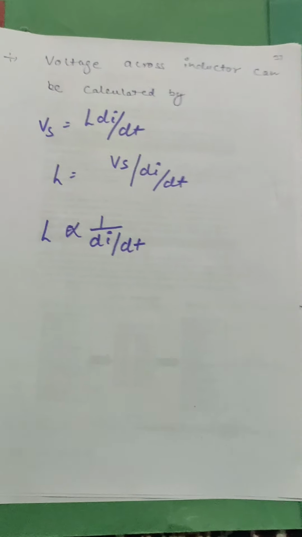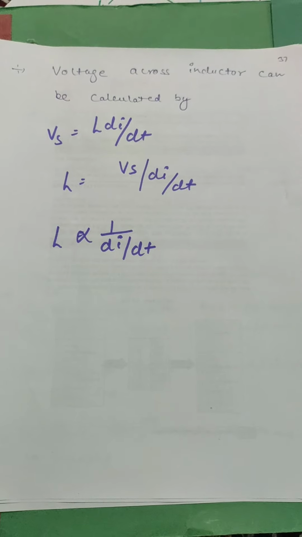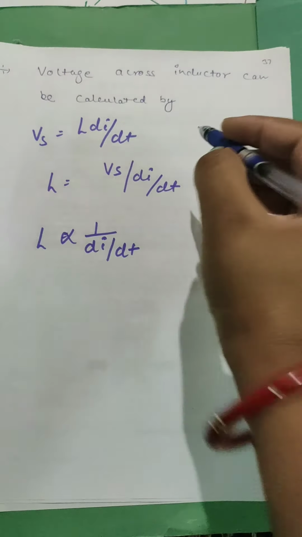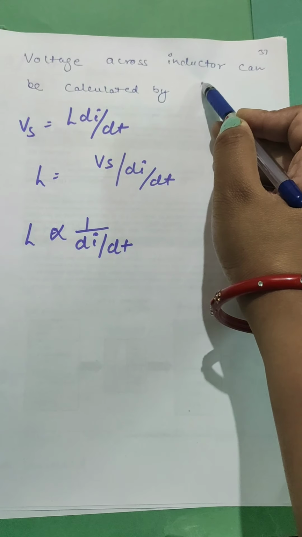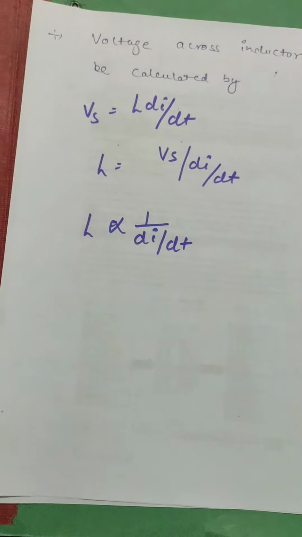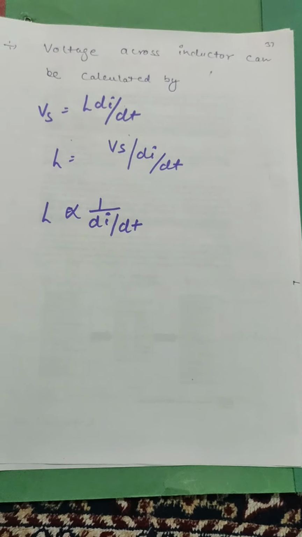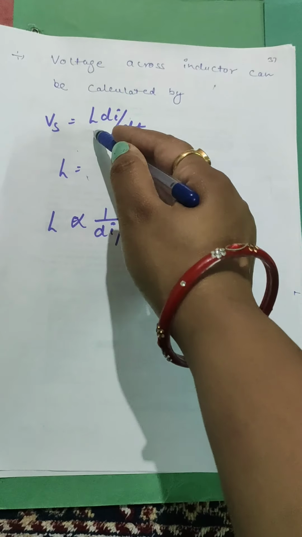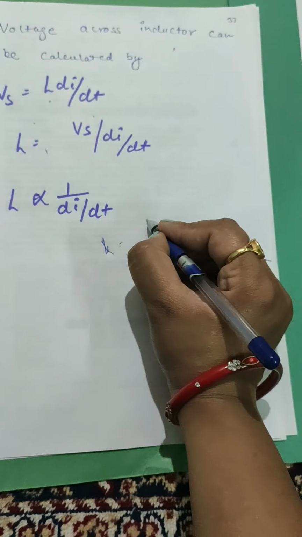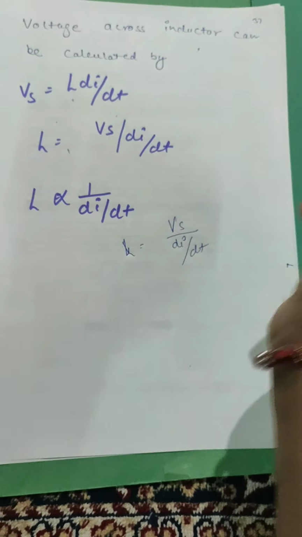To protect from di by dt, inductor is connected in series with SCR. Second, how can the inductor protect the SCR? Voltage across inductor can be calculated by Vs equals to L di by dt. So, L equals Vs upon di by dt.